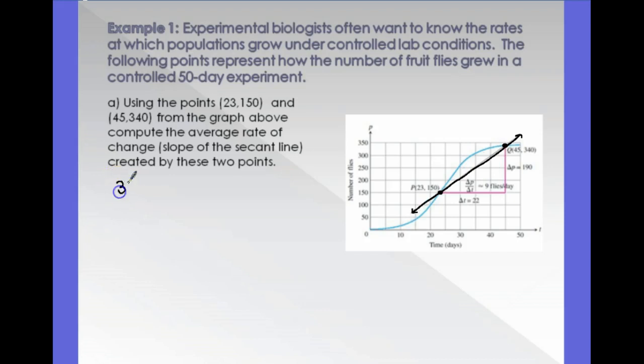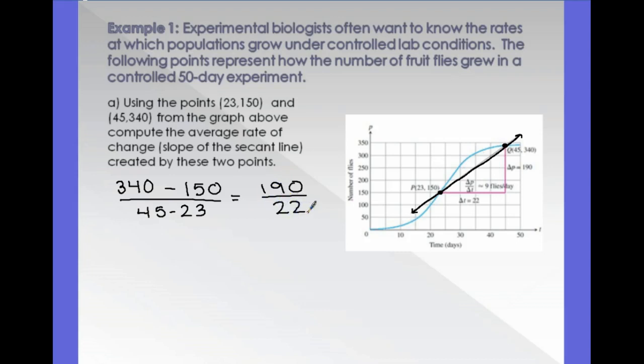So we'll take 340 minus 150 over 45 minus 23. So you take the 2 points, and you find the difference between them. So 340 minus 150 is 190. 45 minus 23 is 22.